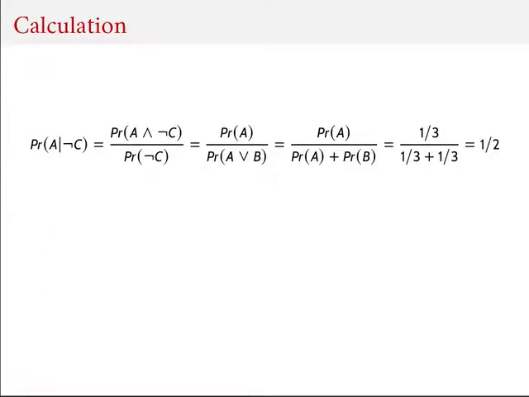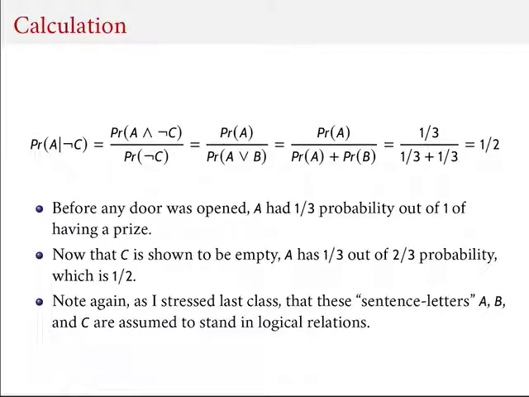All right, so here is a final gloss on the calculation we just did. Before any door was opened, A had a 1/3 probability out of 1 of having a prize behind it because A was one of 3 equally probable doors that the prize could have been behind. And now, that C is shown to be empty, or conditional on not C, A has 1/3 out of 2/3 probability.